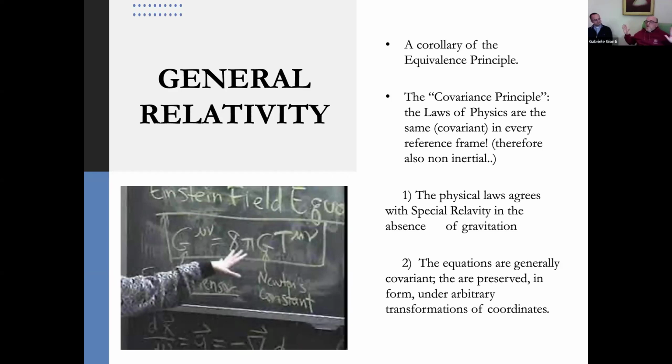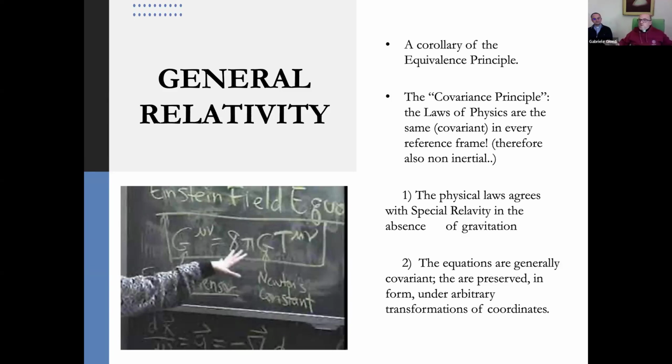This is completely new, because some of you who have studied elementary physics in the past will have noticed that in order to deal with so-called non-inertial reference frames, you have to introduce what are called inertial forces.